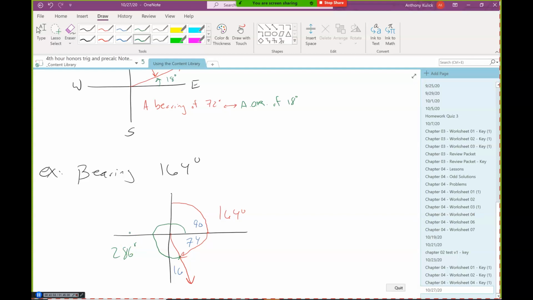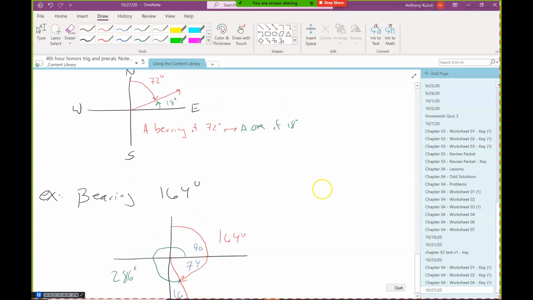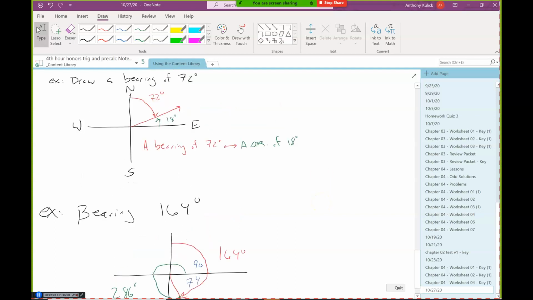And that may or may not be the angle of rotation. It'll be related to the angle of rotation, but it won't necessarily be equal to it, like we saw in the first example. The second example, the angle of rotation is 286. So that other little leftover piece is always going to be useful to us, but it's not necessarily just the answer. Does that feel okay?